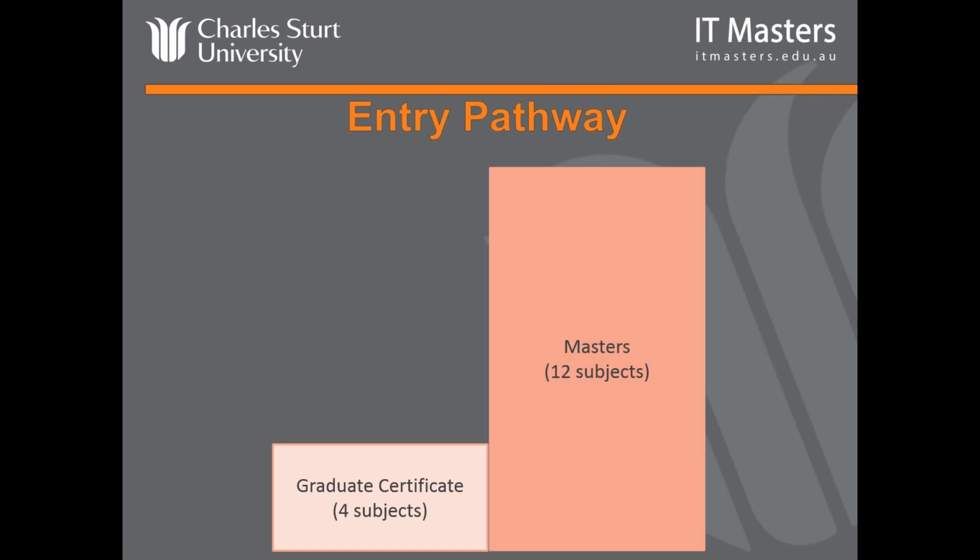If you don't have an undergraduate degree, but you have a number of years experience within the IT industry, there is a pathway for you. You can see on the screen there, the little box on the left says graduate certificate four subjects.